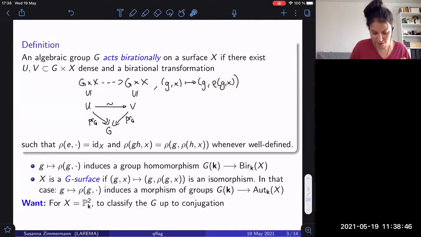So g goes to rho of g. This induces a group homomorphism from the rational points of my group G to the group of birational maps of X which are defined over K.